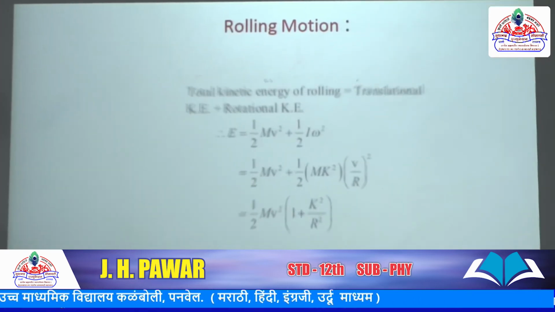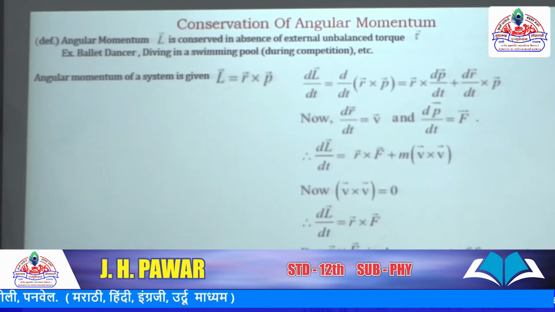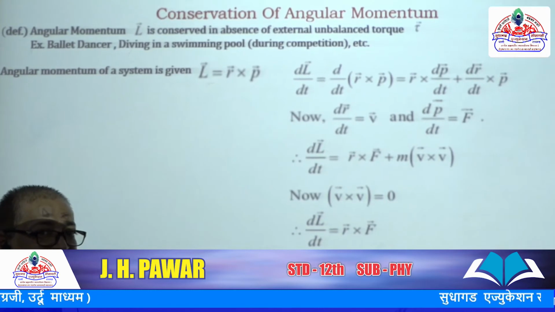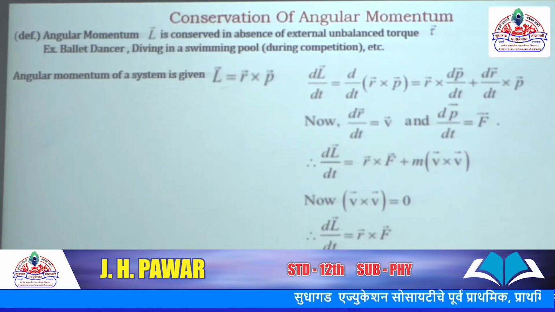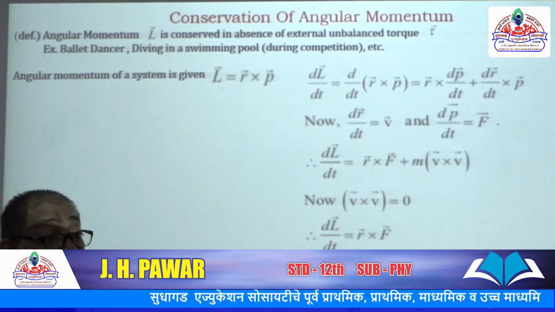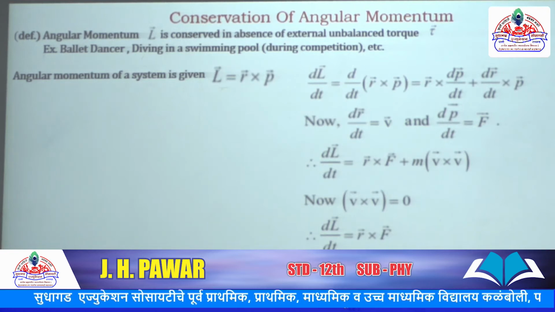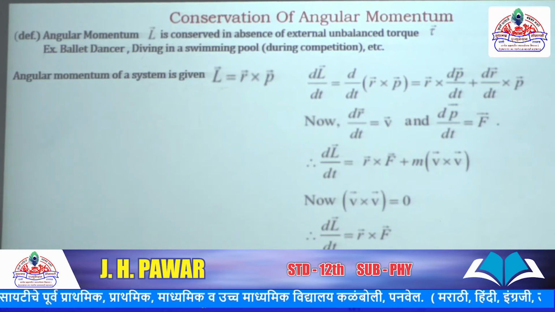Do you know conservation of linear momentum? If we consider a system of colliding bodies and no external forces, in the absence of unbalanced external force, the linear momentum of the system of colliding bodies always remains constant.